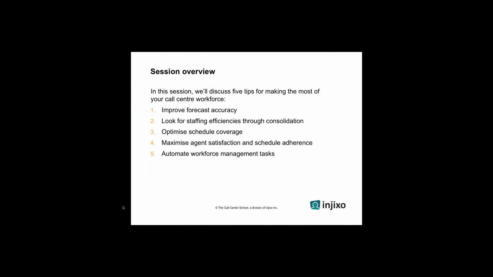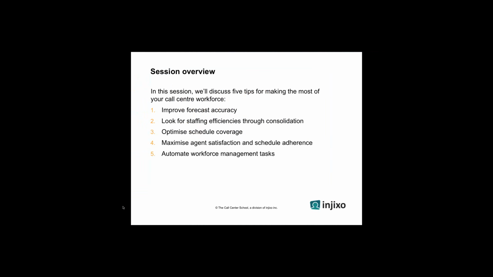Keeping the staff happy is another issue that's always the top of our minds. So we'll talk about what the agents care about and what that means in terms of schedule adherence and maybe some ways to help out on that. And then last, we're going to wrap up with all of this, whether it's at the forecasting stage, the staffing models and understanding Erlang C and other models, getting the right schedules in place, tracking it throughout the day.